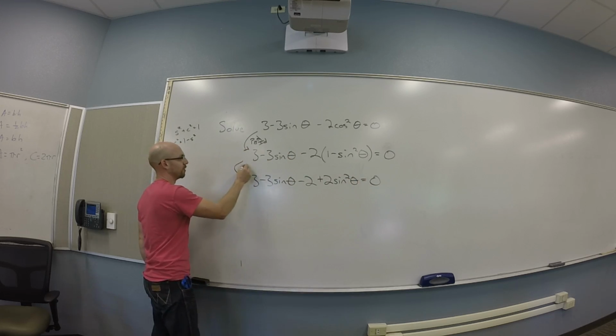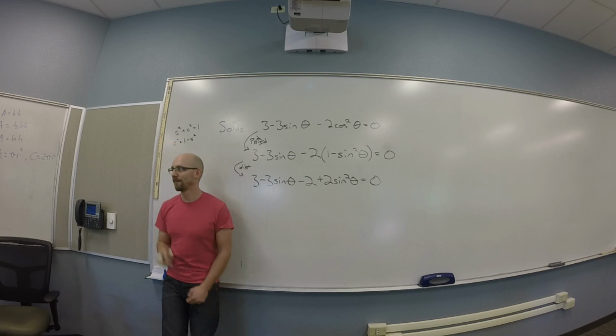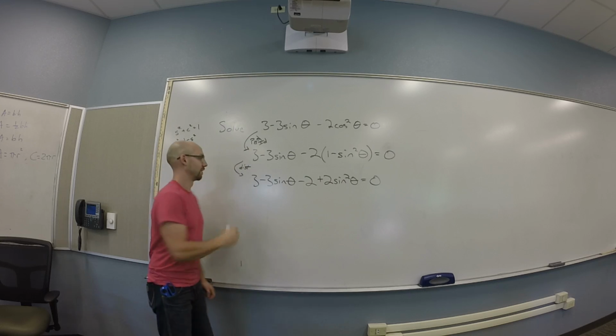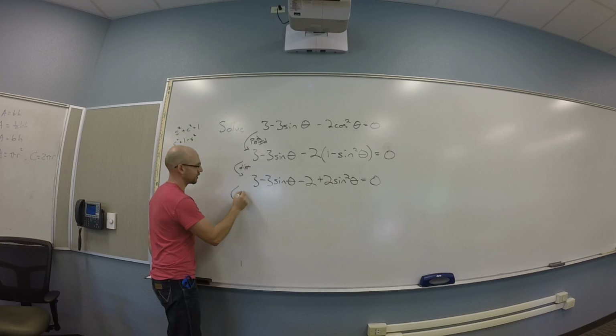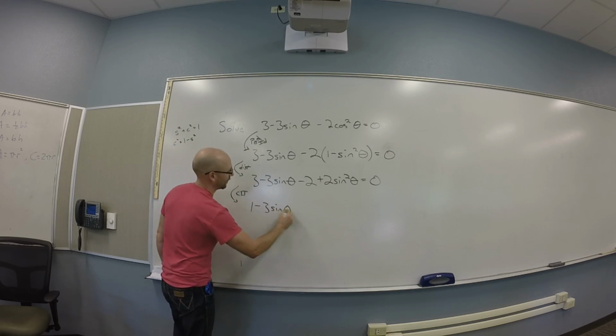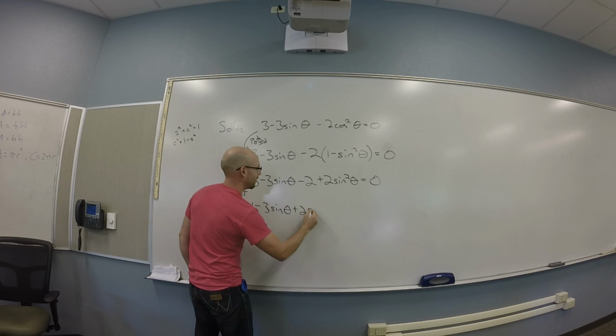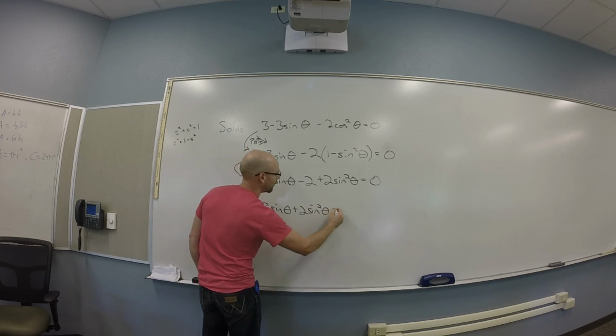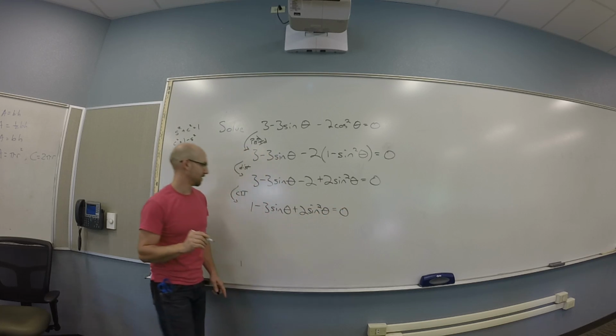That's a distribute. Then combine like terms: you get 1 minus 3 sine theta plus 2 sine squared theta is 0.